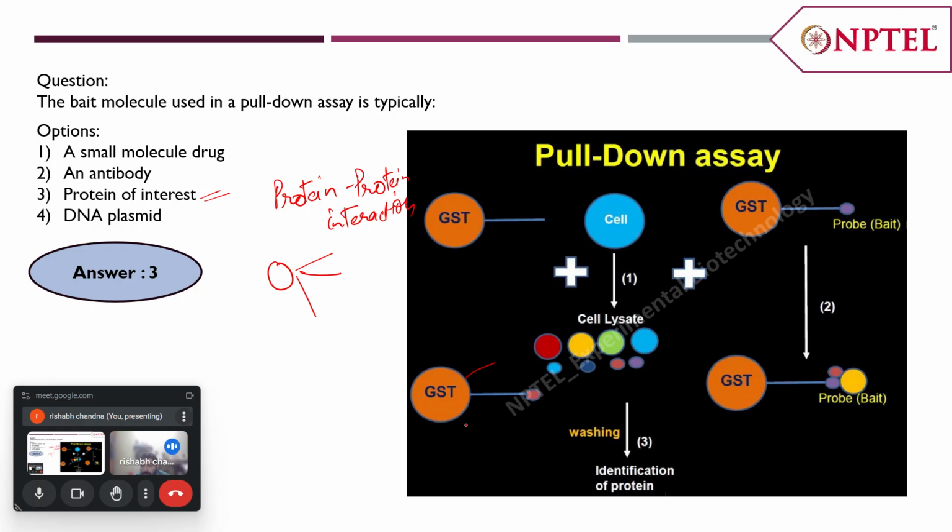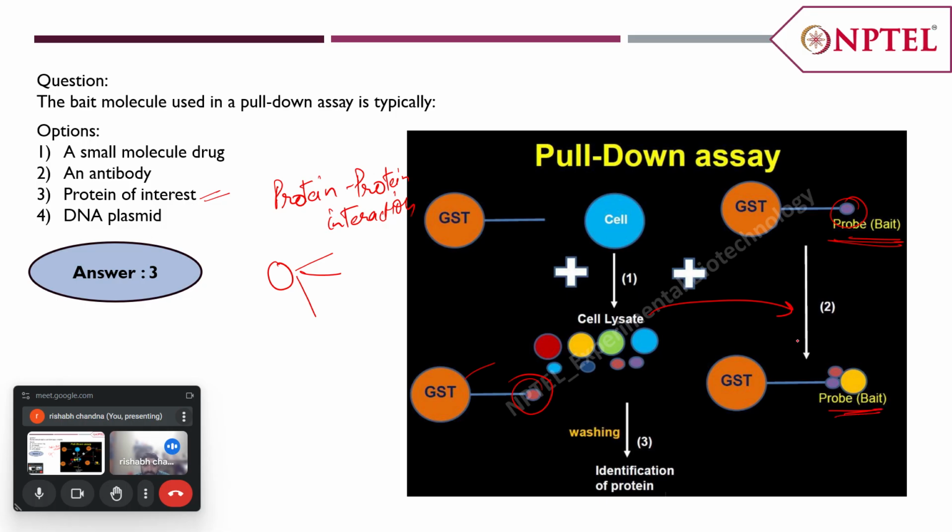The antibody must have a site for this particular protein. Now we have a bait. We know that this bait interacts with many proteins inside the cell, so this acts as a probe. A probe is used for identification basically. So this probe bait, when added with the cell lysate, interacts with different proteins inside the cell lysate.